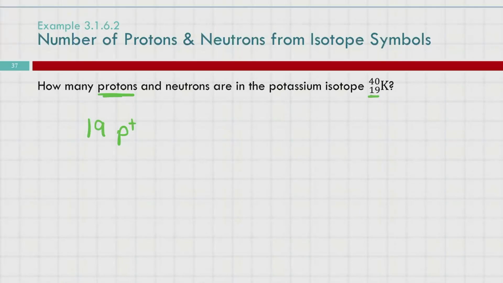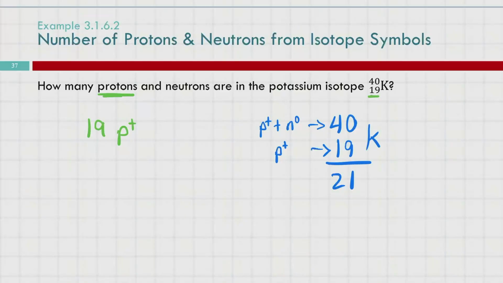And then to figure out the number of neutrons, remember that this top number is protons plus neutrons. It's our mass number. The bottom number is the number of protons. So if we just subtract these two, we get 21 neutrons.